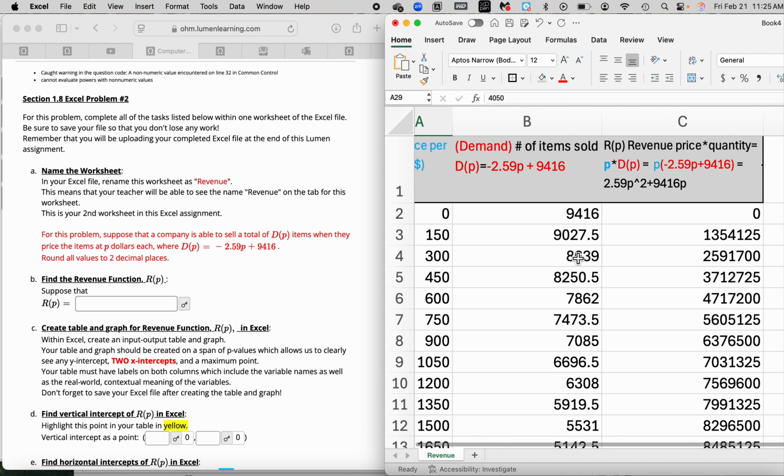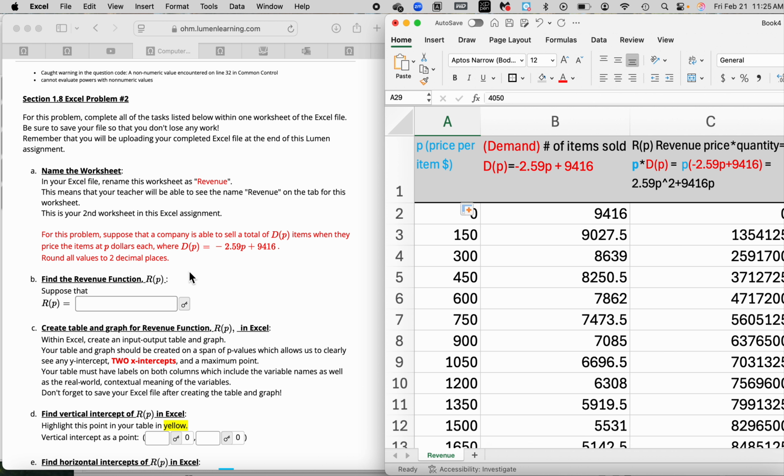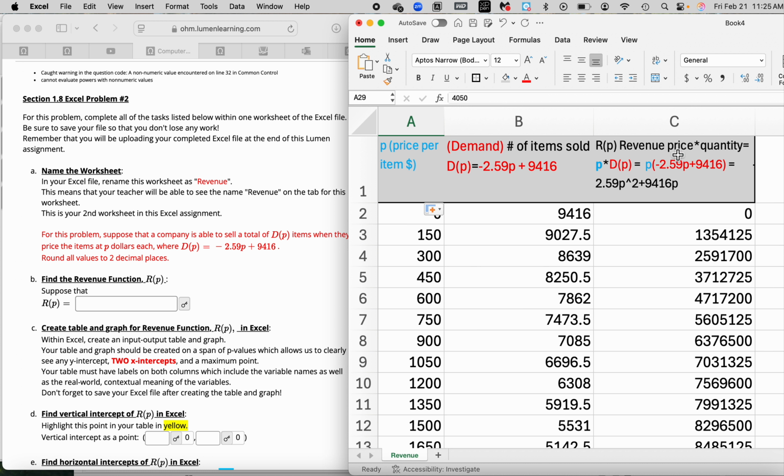All right. And then it says, find the revenue function. We know that revenue is equal to price per item times quantity sold. Well, here's my price per item in column A, and column B has my items sold. So in Excel, I could just multiply price in column A times quantity in column B. If I write that out algebraically though, price is P, okay?